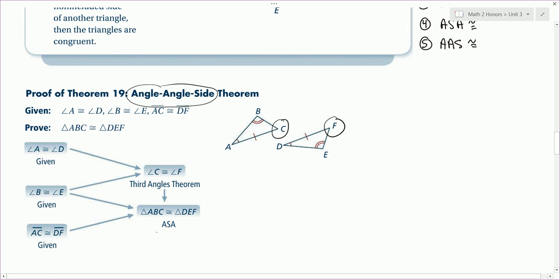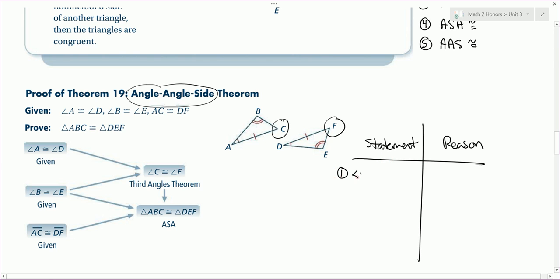So here's what the proof would look like using their outline. So you have the statement, reason. Start with our givens. Angle A is congruent to angle D. Angle B is congruent to angle E. And AC is congruent to DF.